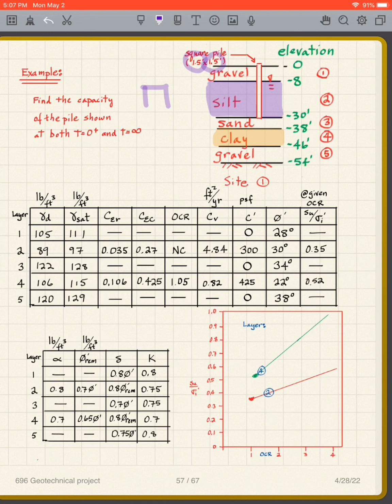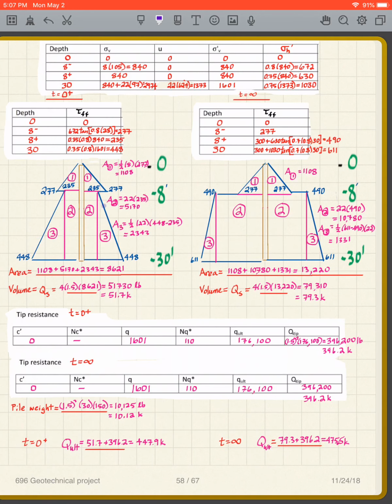So in plan view, it looks like that at 1.5 feet, and this is also 1.5 feet. So that means that perpendicular to the screen, it's 1.5 feet. So I have to multiply that to get the volume of this. This is really a 3-dimensional image. So I have to multiply by 1.5 feet.